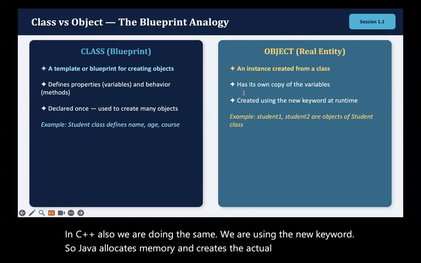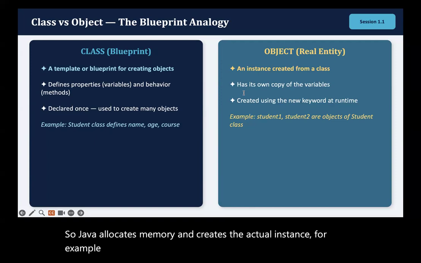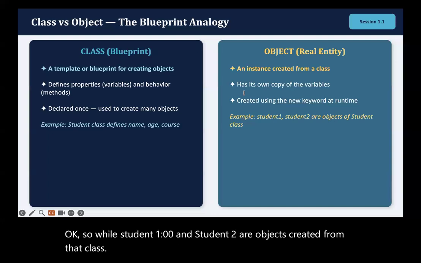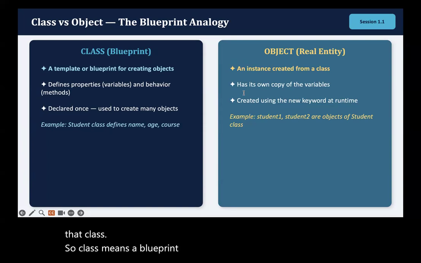For example, if we have a class student, then student1 and student2 are objects created from that class. So class means a blueprint or template, and objects are the real instances created from that class.